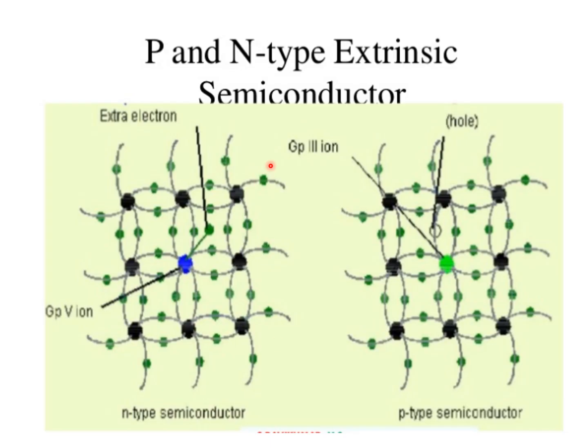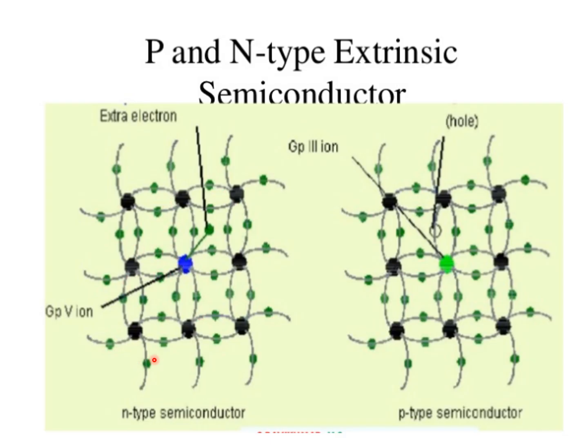In this, see, N-type semiconductor and P-type semiconductor. Here, the fifth group element forms the covalent bonds, all the black dots, and this is the fifth group element. The valence electrons of 4 form covalent bonds with the germanium.